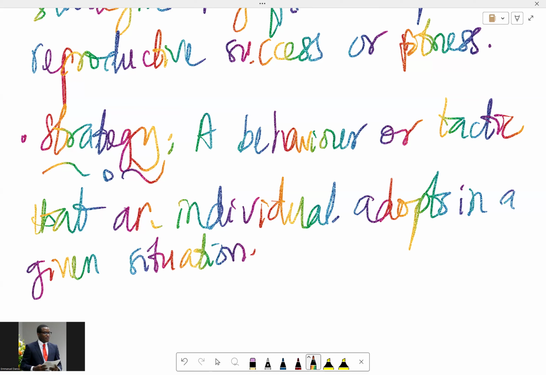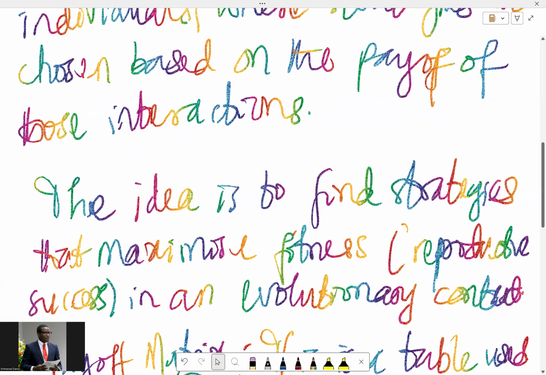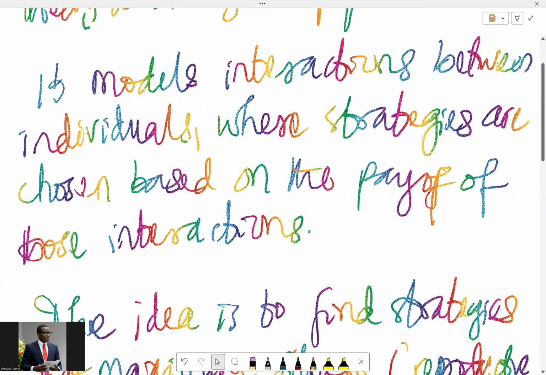For instance, you have some animals that withdraw into their shells when they sense danger. You have plants that close up when touched and things like that. You can consider those as some kind of strategies. So that's the fundamental thing about evolutionary game theory: applying game theory to biological populations.